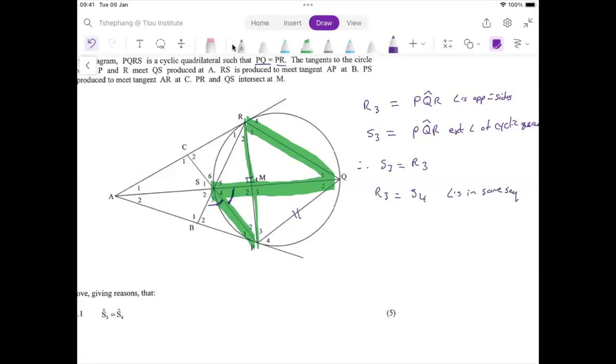I hope that is clear. Now, because I have R3 on both sides, I can conclude that S3 is equal to S4. If we're not together, please do talk to me. But no one is raising any questions, so I think we're still fine.